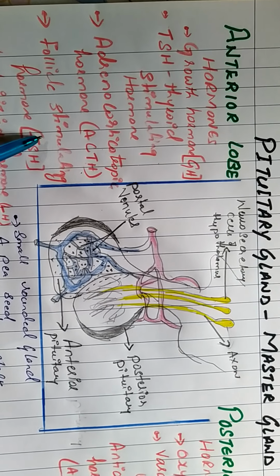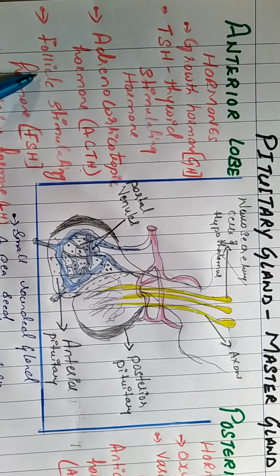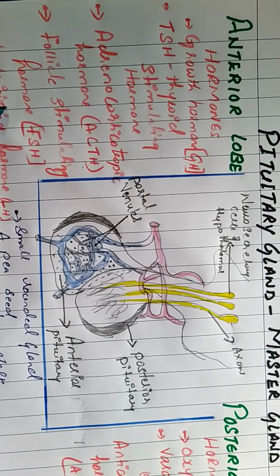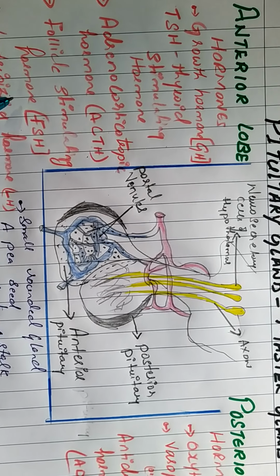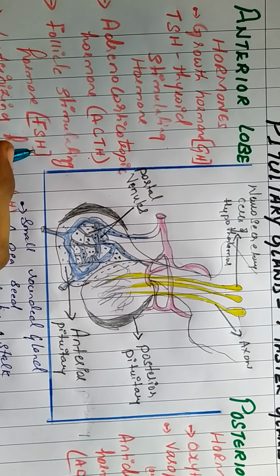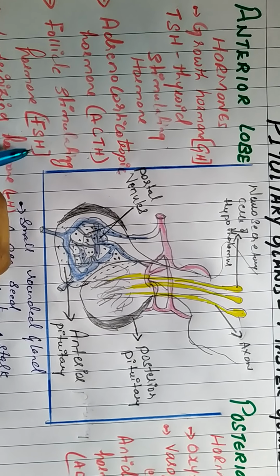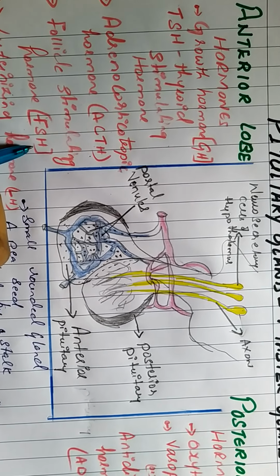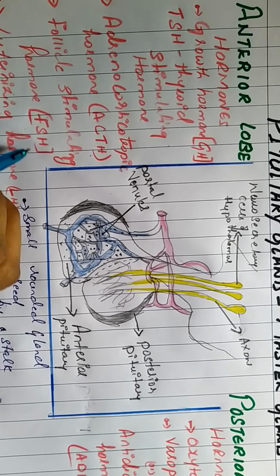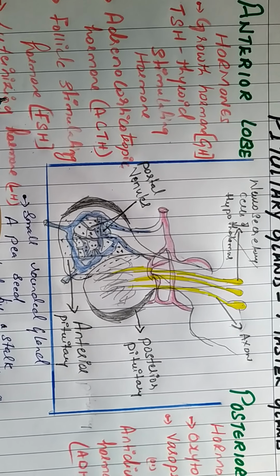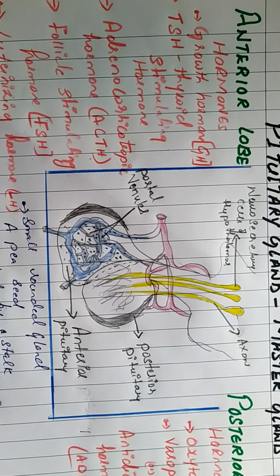Next is the follicle stimulating hormone. This hormone is found in males to stimulate the formation of sperm by spermatogenesis, and in females to stimulate follicles of the ovary to produce eggs and the production of estrogen and progesterone hormones.